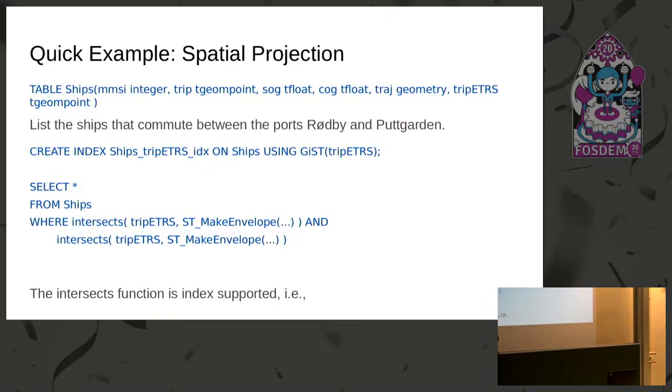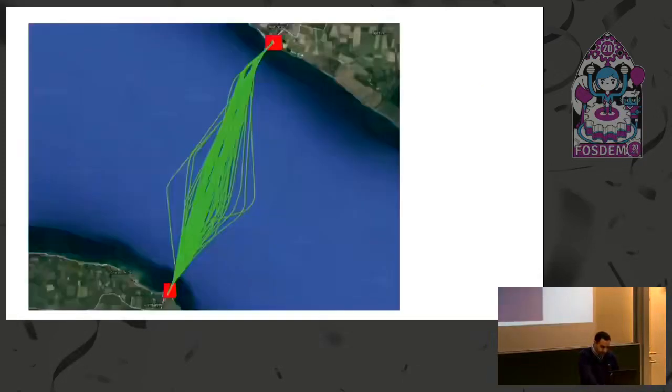It accepts a trajectory, a temporal geometry point, and some geometry, and it returns a Boolean. In order to do this efficiently, you need an R-tree, so you create a GiST index over the projected trip column. So the GiST index will be used behind the execution of this query. And this is the result. The two ports are the red rectangles, and these are all the ships traversing.